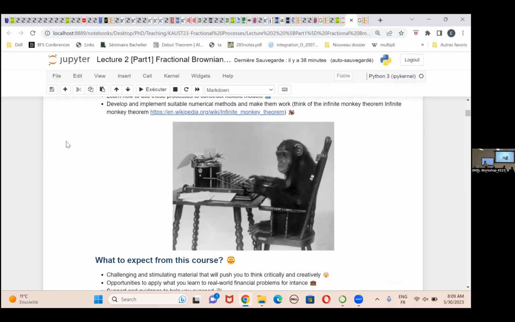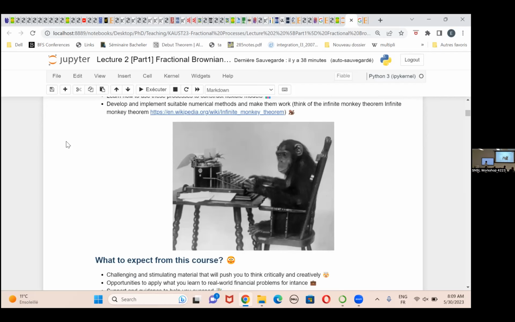And you don't want this when you implement schemes numerically. You want to find a way to implement them in an efficient way, even if theoretically they converge. This is a main challenge when you want to implement these non-Markovian models, even more than Markovian models. But we'll try to find solutions to that.